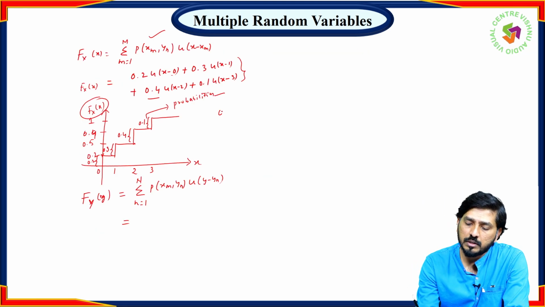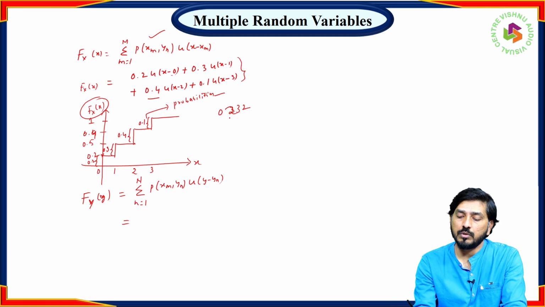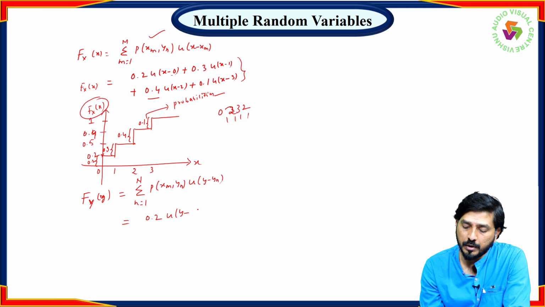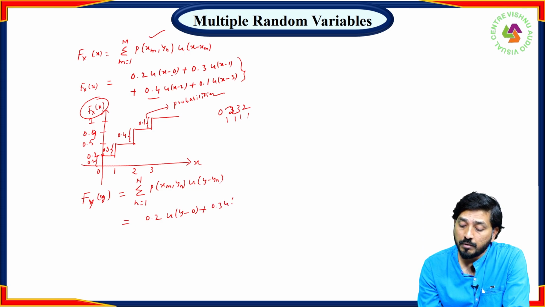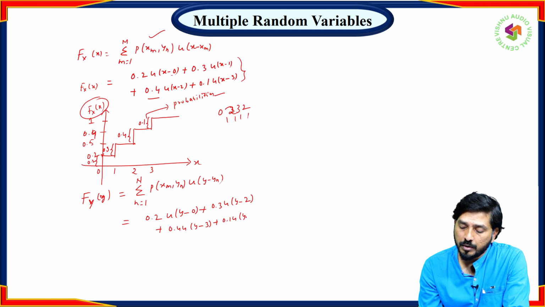Now using this, we will write, as the probabilities are common, 0.2 u of y minus 0 plus 0.3 u of y minus 2 plus 0.4 u of y minus 3 plus 0.1 u of y minus 2.